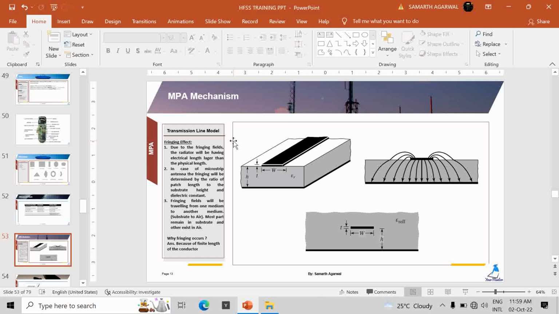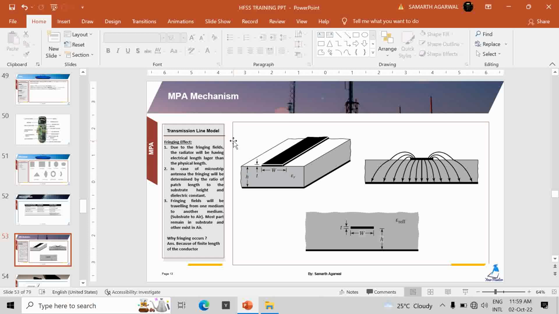In the equations also I will show how the effective length is obtained by subtracting delta L, which is called the extension length, which is because of the fields. That has to be subtracted in order to get the physical length, because along the length only this field will come, not from the width.